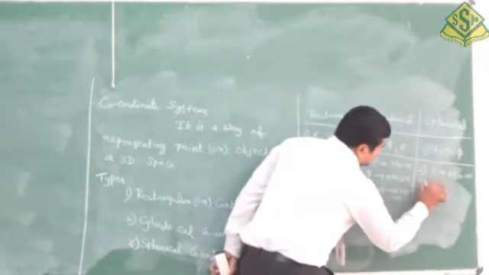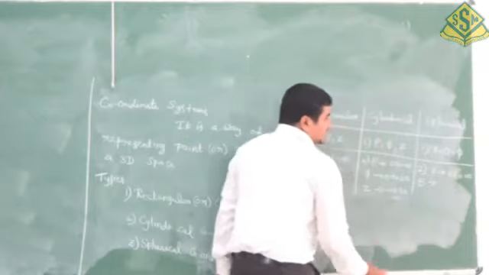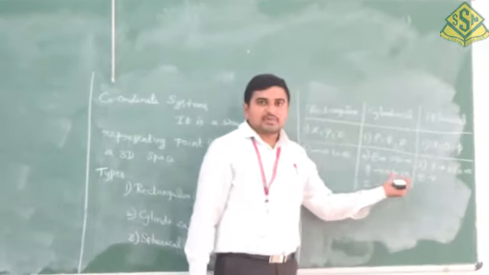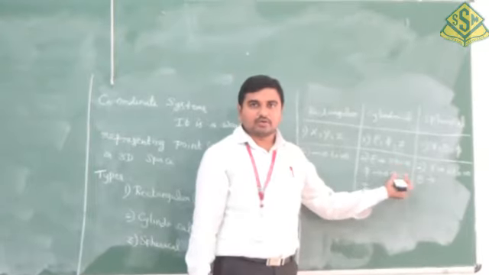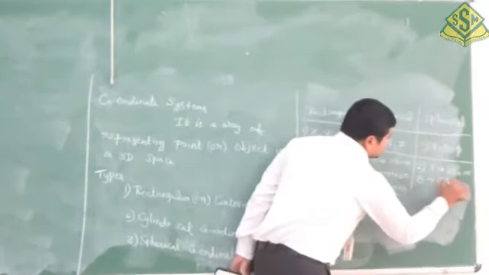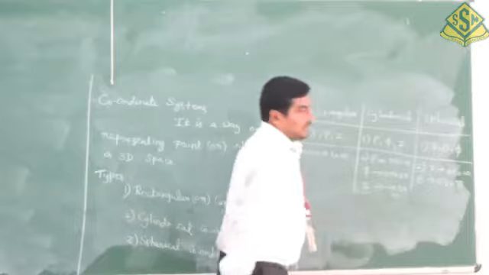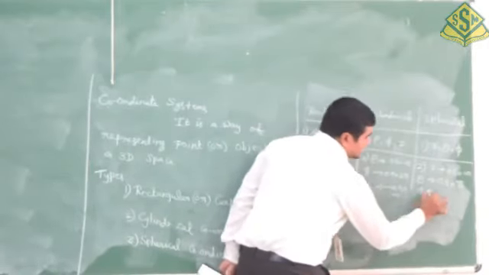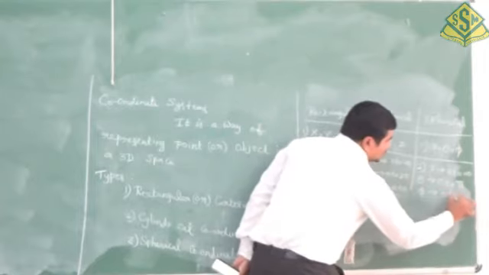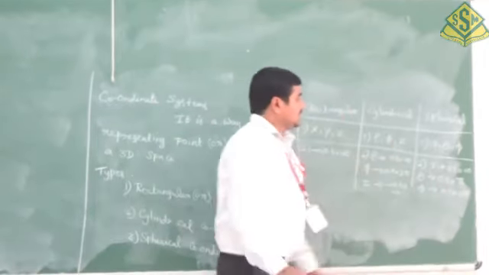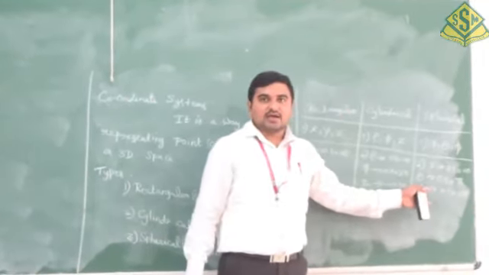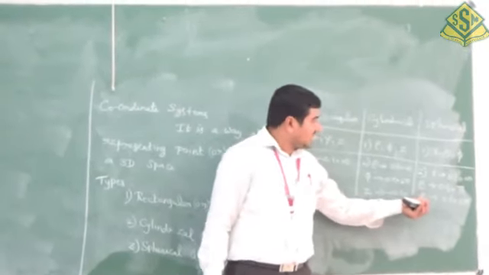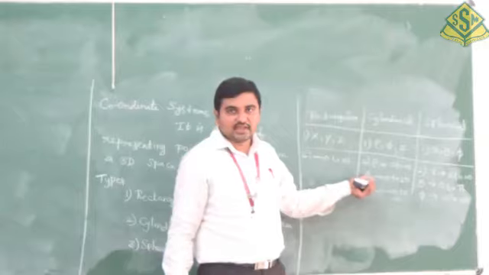Then theta is an angle, a lookup angle, which must be 0 to 180 degrees, so it is 0 to pi. Finally, phi has 0 to 2 pi. It is an orientation angle or turnaround angle. So phi is the same as in the cylindrical coordinate system.